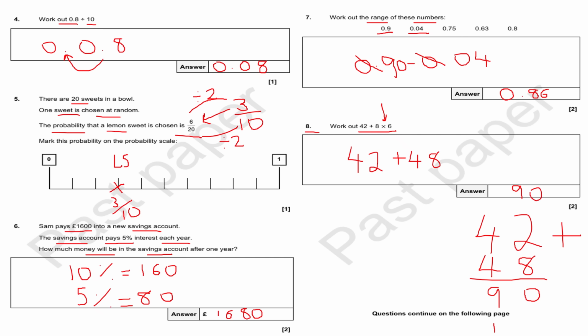So use BIDMAS or BODMAS for your order of operations. It's brackets, indices, division, multiply, add, and subtract, in that order.